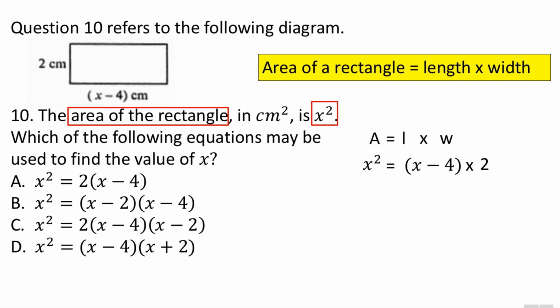I'll just write 2, that's fine. So x squared is equal to, where I have that times 2, we can simply write it directly at the front of the bracket. So I'm writing equal to 2 open bracket x minus 4 close bracket, which therefore means our answer is A, guys. Lovely. I hope you got this one.